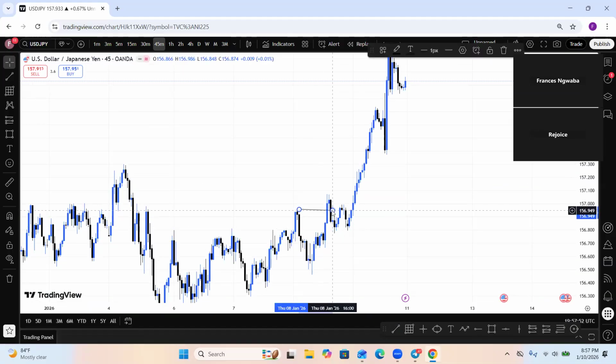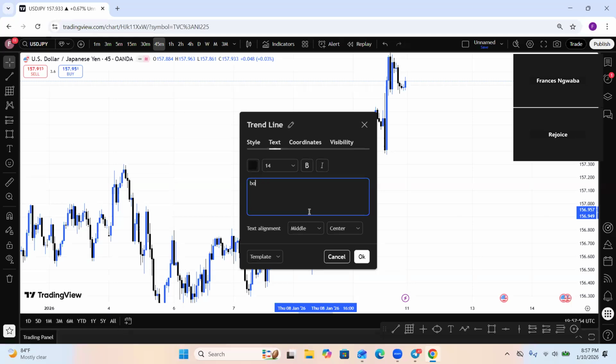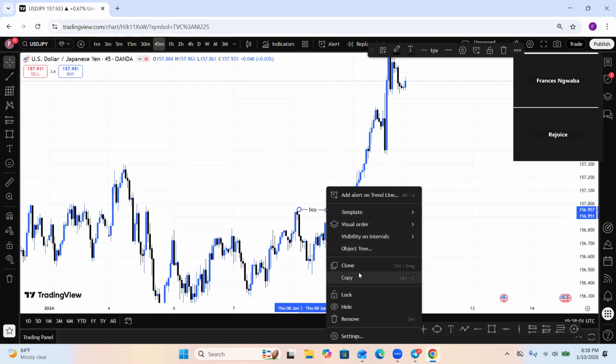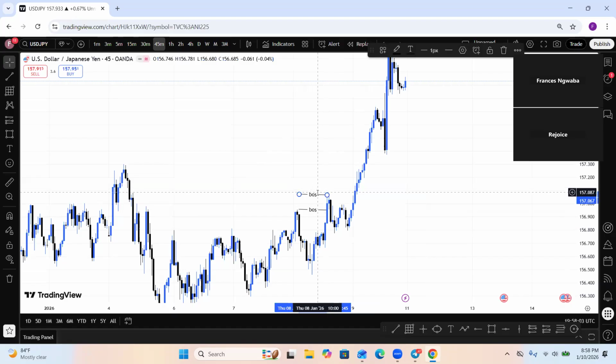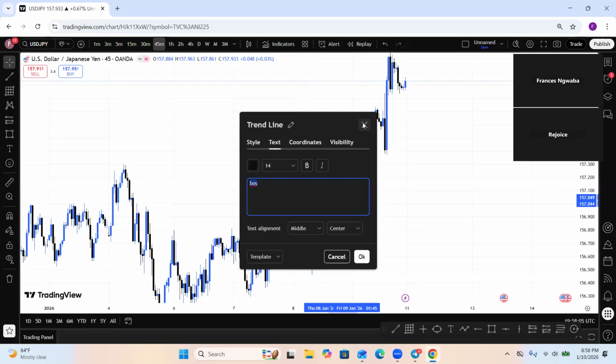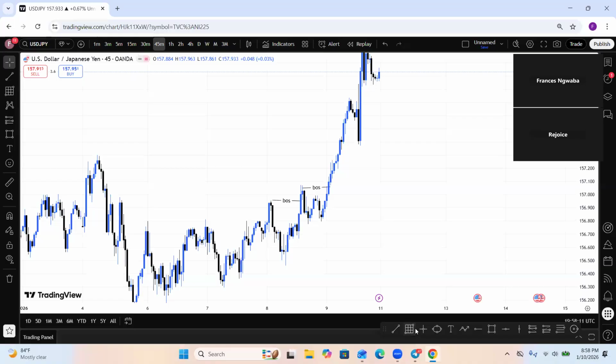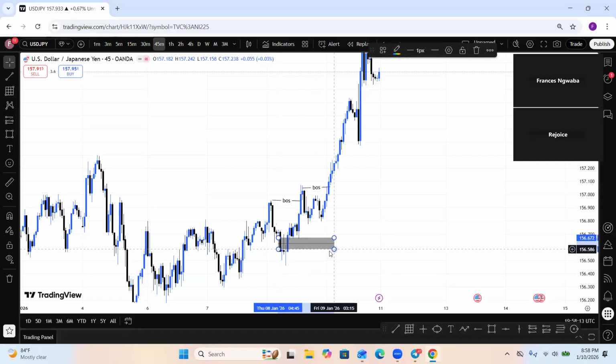From here to here, we have a break of structure, right? We have another break of structure here. Then this level is the origin.